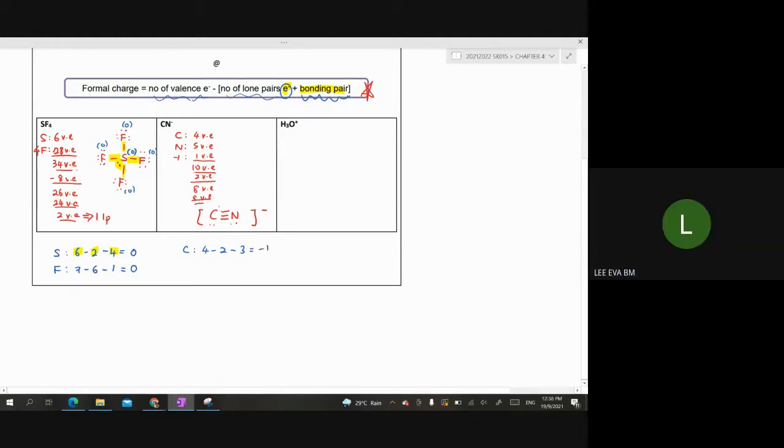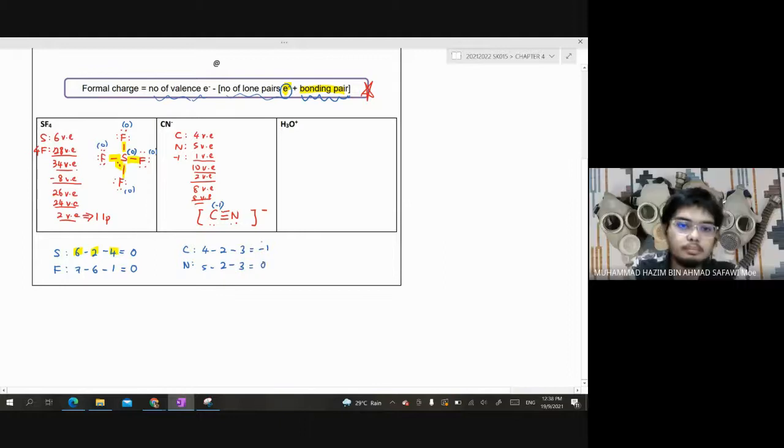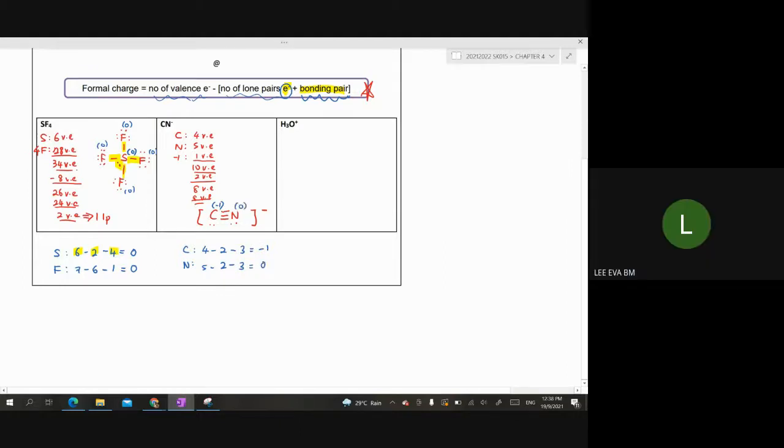So the formal charge for carbon is negative 1, written on top of carbon. For nitrogen, valence electrons is 5. How many dots on nitrogen? 2. How many lines? 3. What is the value? 0. So nitrogen has a formal charge of 0.